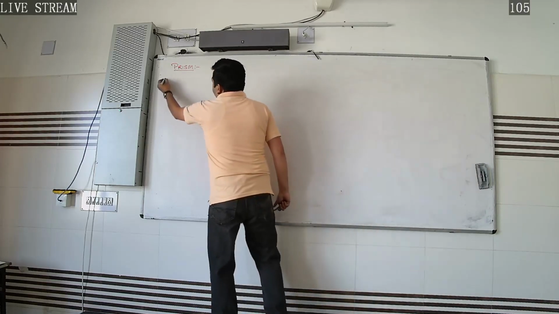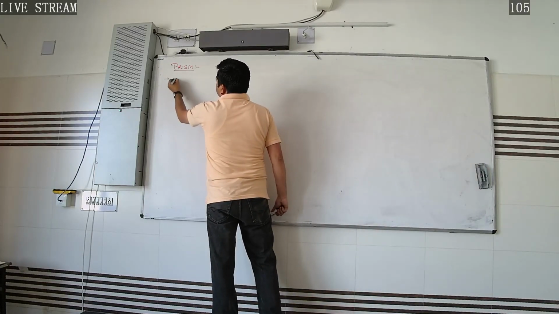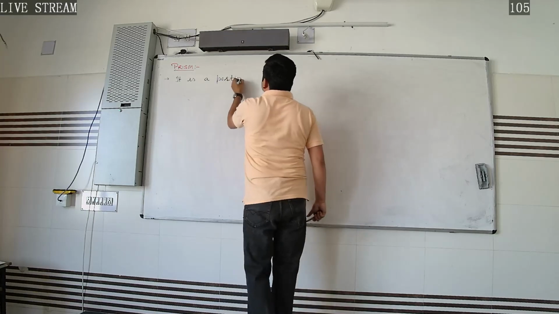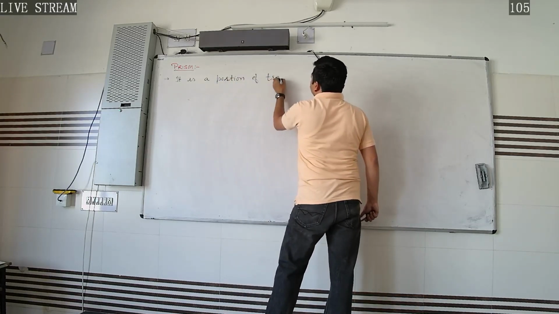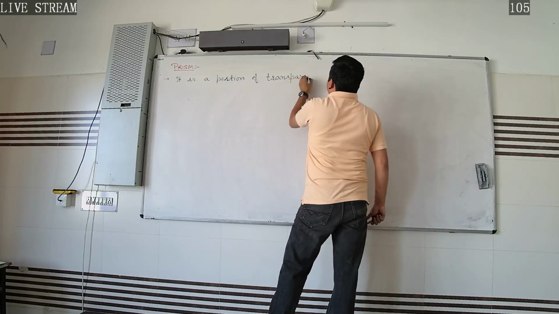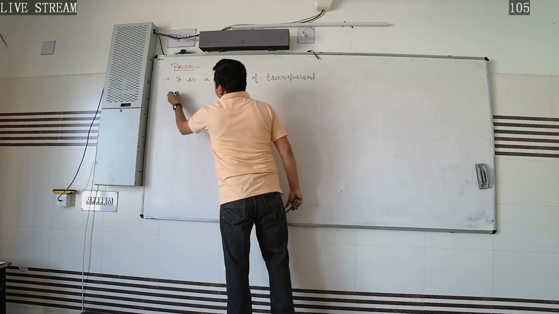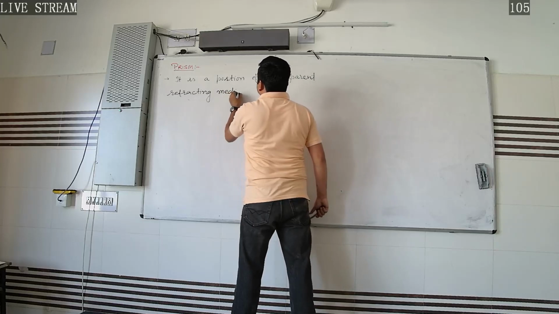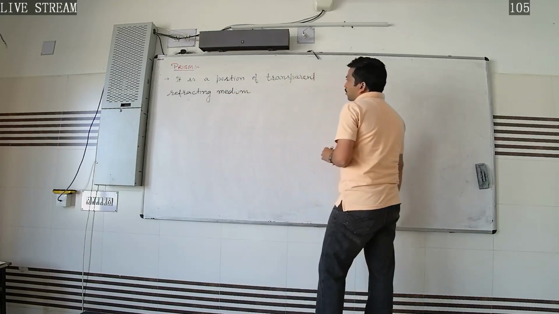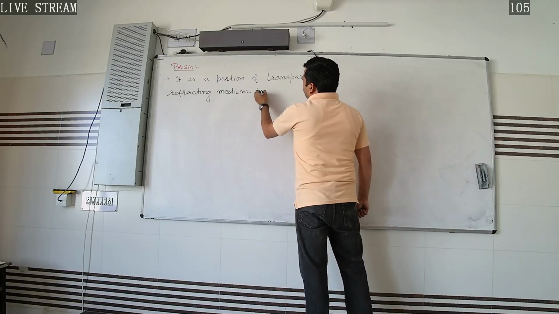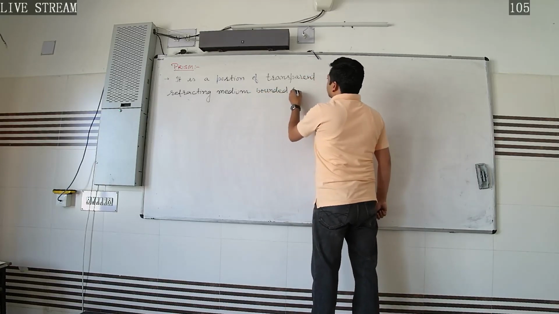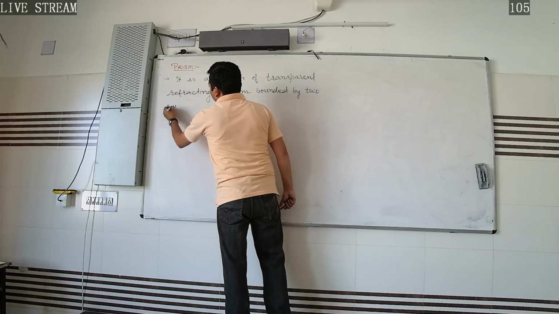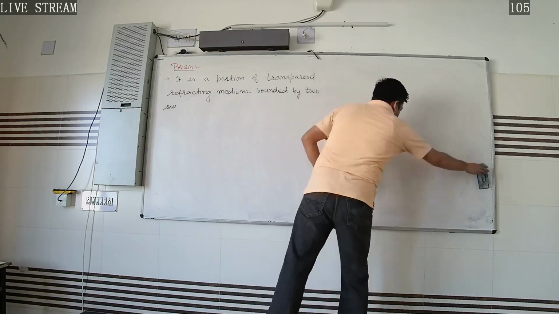So we can define this word: it is a portion of transparent refracting medium bounded by two surfaces. What about surfaces? Plane surfaces, I will write.